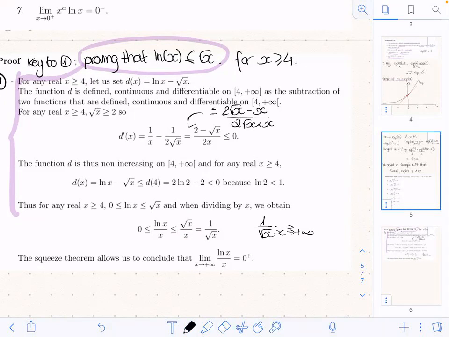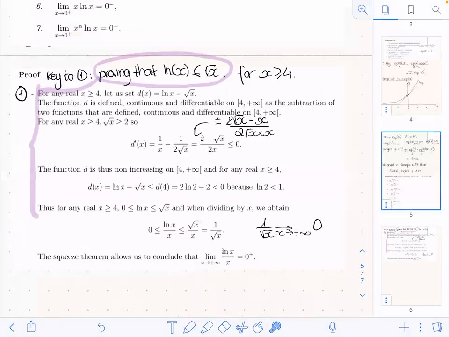What would you get here at plus infinity? 0. Yeah, 0. It's quite a simple limit to compute. And so your function is stuck between 0 and something that goes to 0, and so you conclude on this limit here.